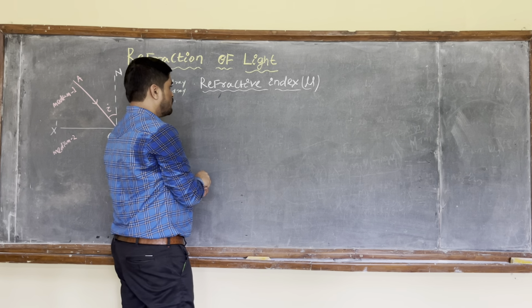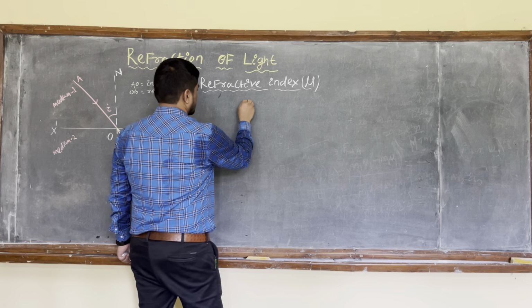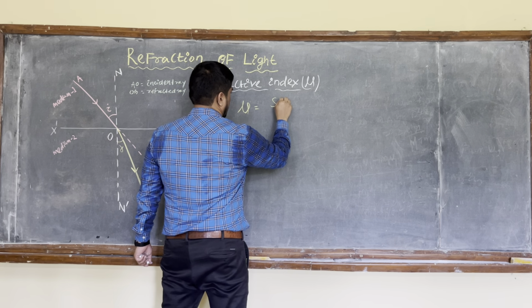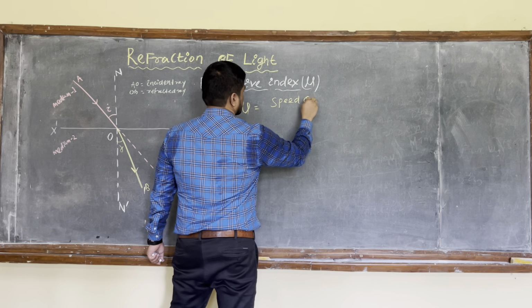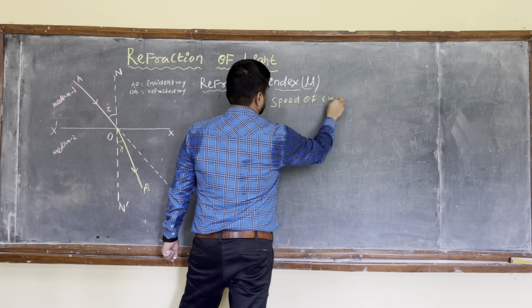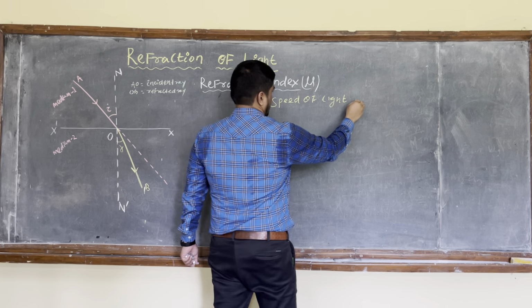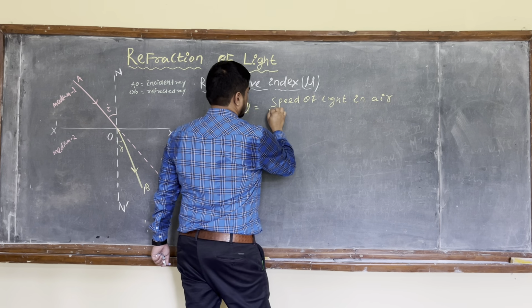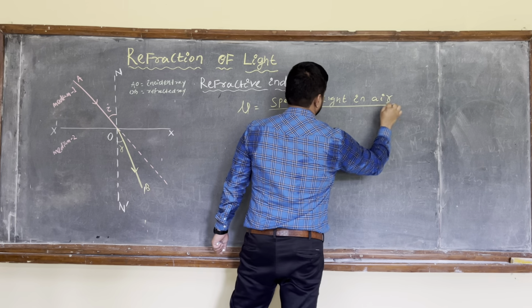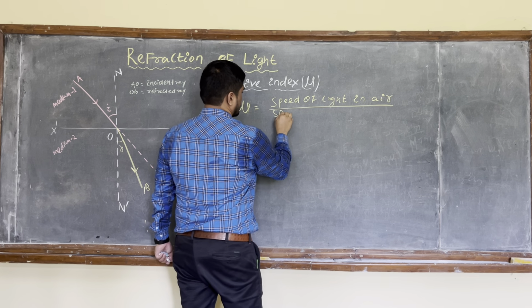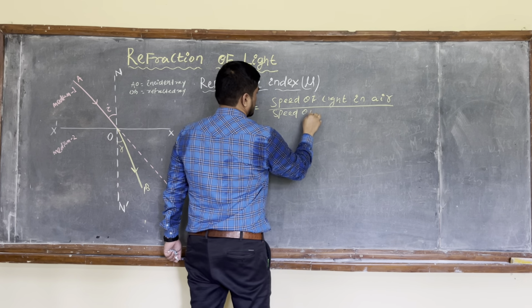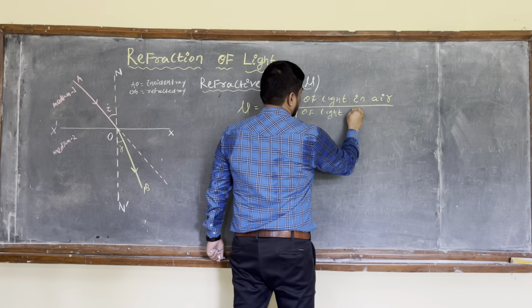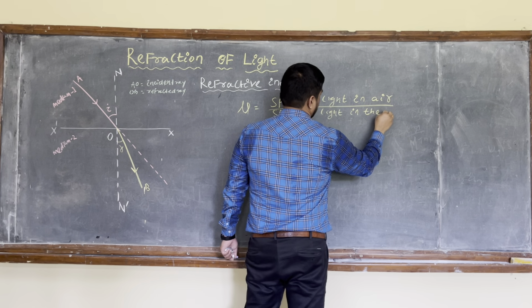That means refractive index mu is the speed of light in air to the speed of light in the medium.